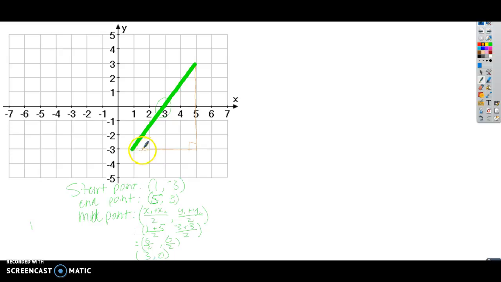I can see I'm going across 1, 2, 3, 4 spaces, and then I'm going up 1, 2, 3, 4, 5, 6 spaces. So I can use Pythagoras: a squared plus b squared equals c squared, and that's going to tell me that my answer is 7.21.